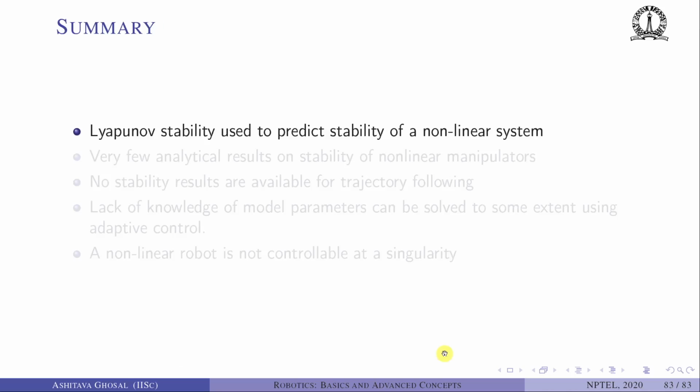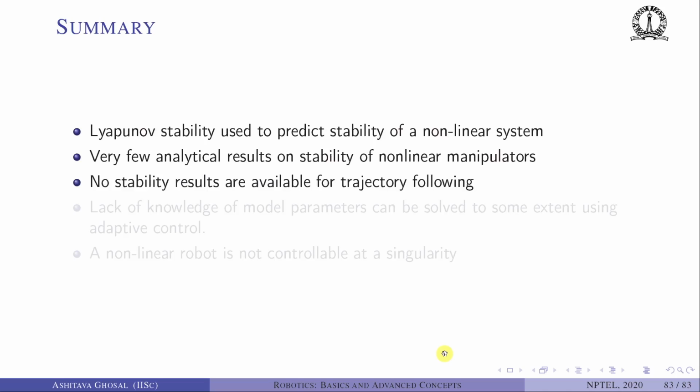So in summary, we have discussed Lyapunov stability, and we have used Lyapunov stability to predict the stability of a nonlinear system. There are very few analytical results on nonlinear robots and manipulators. No stability results are available for trajectory following when theta d, or its first or second derivative, is non-zero.